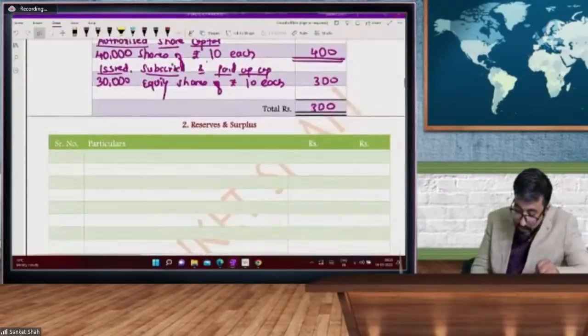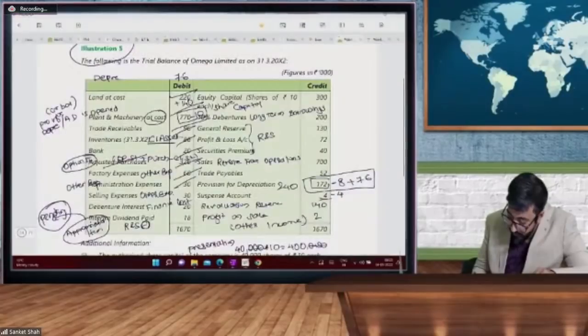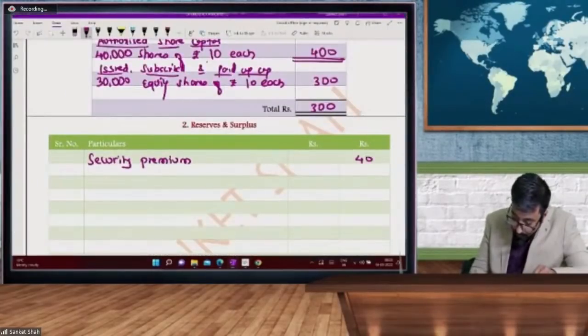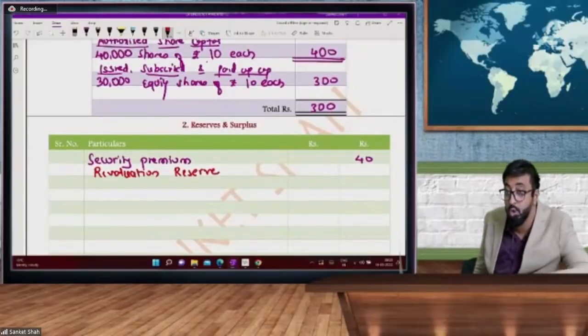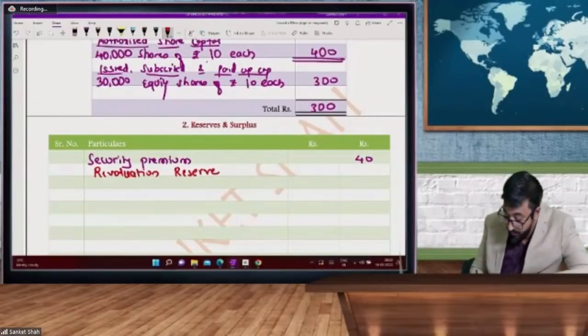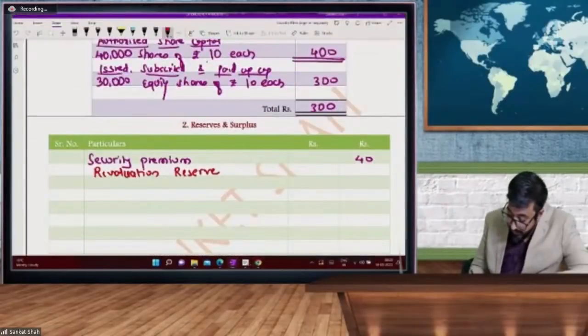First, we will write securities premium. Specific reserve first, 40. Red pen, revaluation reserve. Please use red pen, it is very useful for revision. You will understand it at the end. Revaluation is of 140. Very very important.